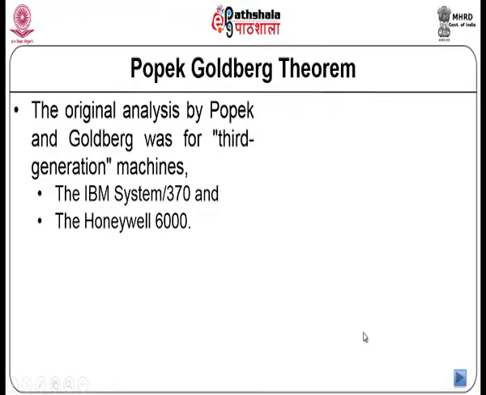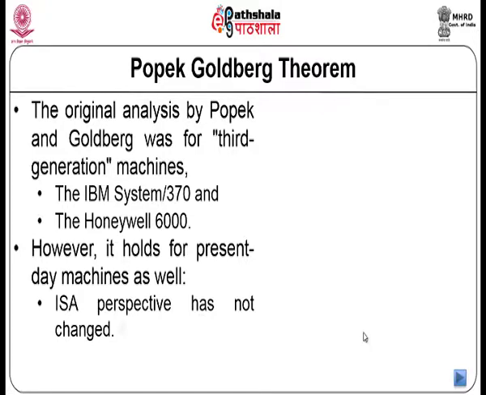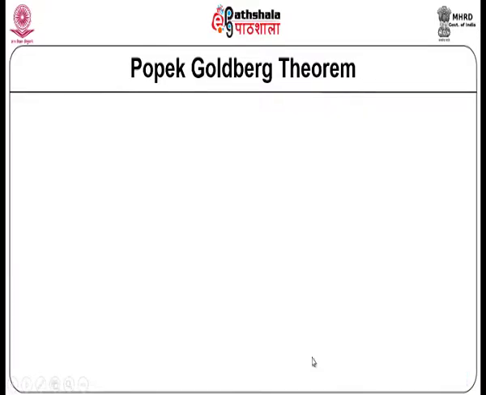The Popek-Goldberg theorem was actually devised for the IBM System/370 and Honeywell 6000, but, as we said, third generation computers are quite similar to today's modern computers, and therefore we can have the same mechanisms working.